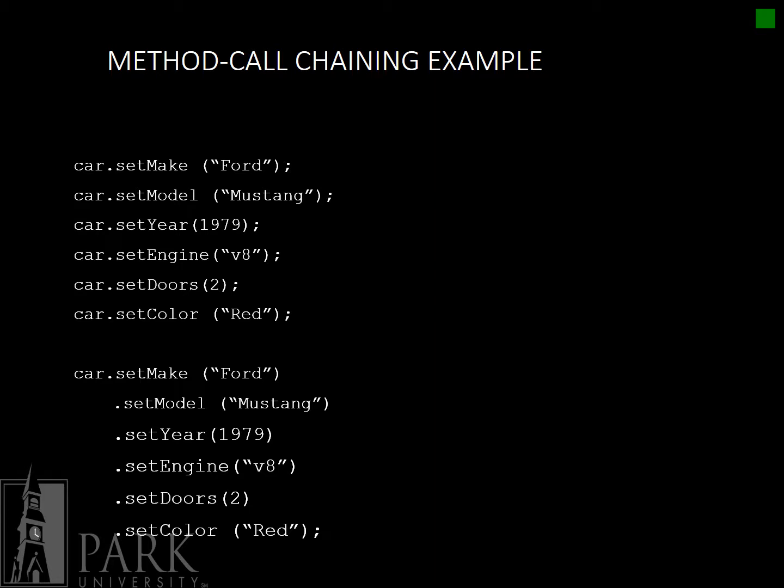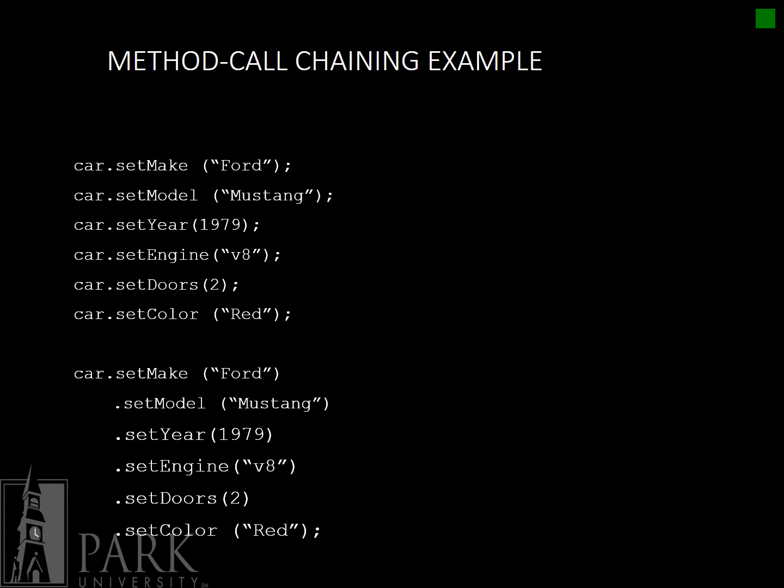So you're going to most often always see it with setters for sure, because you're not really expecting anything back, so you can program your object to return a copy of itself, so that way you can do this method call chaining.